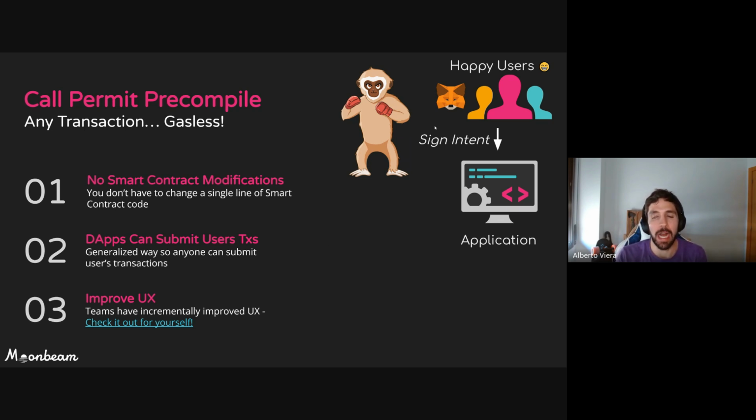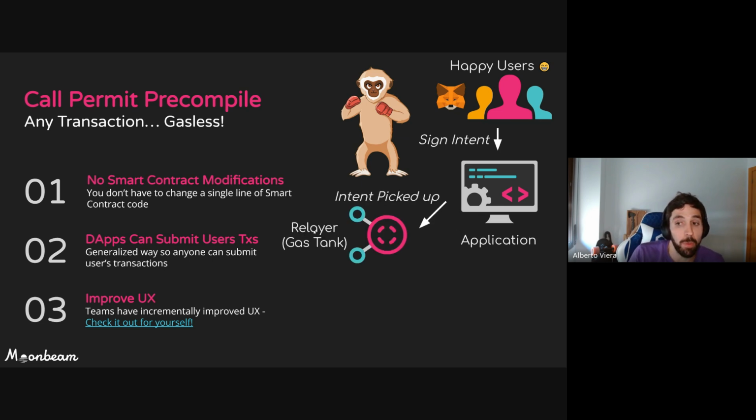And so basically, the team submits an intent. They sign a transaction on behalf of the user. The user doesn't have access to the private key, but at least there's a mapping of, hey, this user has this address, okay? And the team signs an intent through their backend. And they have a relayer, which is another entity that acts like a gas tank, right?